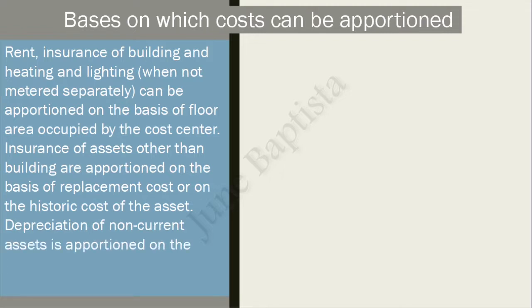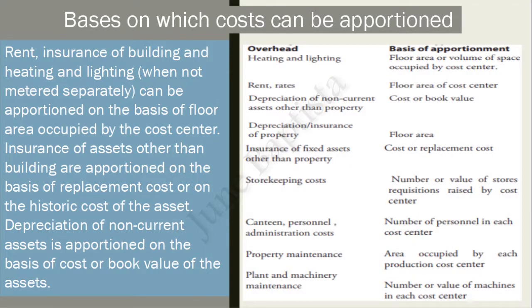Depreciation of non-current assets is apportioned on the basis of cost or book value of the assets. Given alongside are overheads and the basis on which they could be apportioned. Study it carefully and use it when you get questions based on apportionment of costs in the exam.